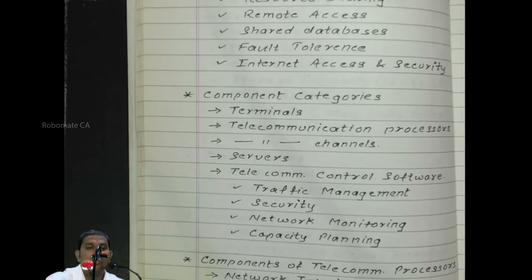Next is called security. Whenever we are talking about a network, the data can be hacked by others. There are many users who are connected to the server. In the same way, outsiders can also connect.